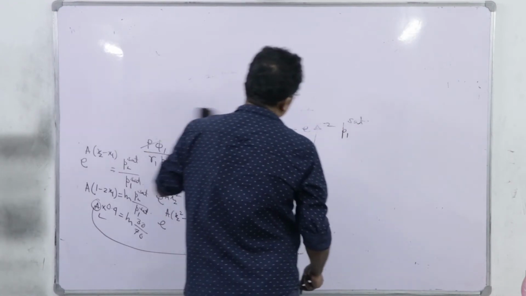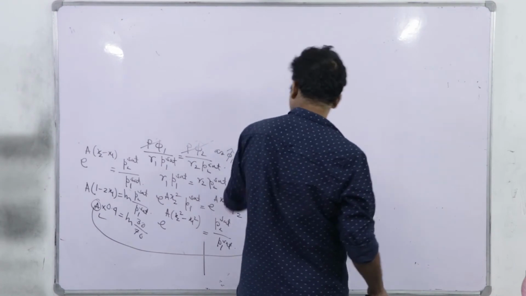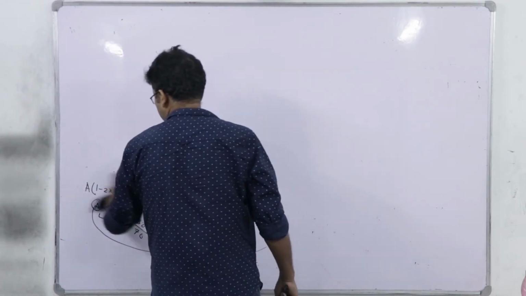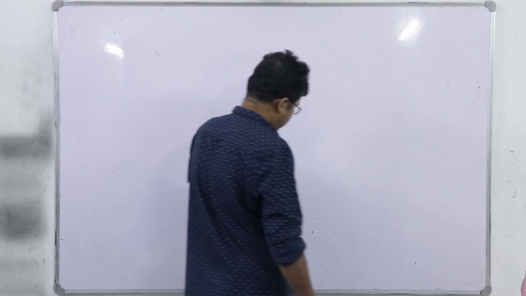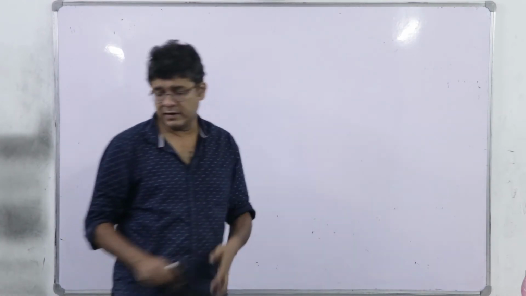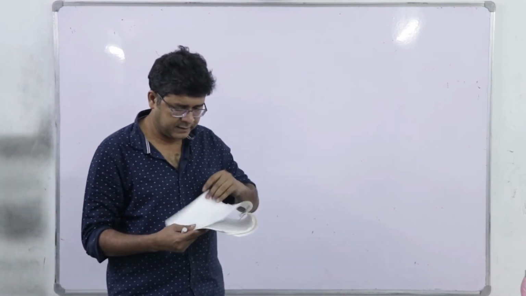A very similar problem to this is an exercise problem of Smith, Van Ness and Abbott, Chemical Engineering Thermodynamics. So I have also listed that problem here. So let's solve that.